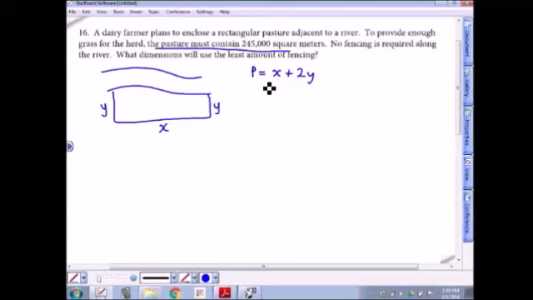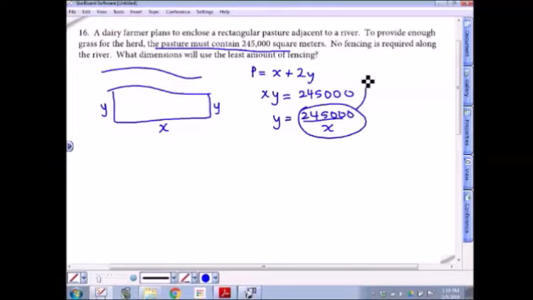Now it says the pasture must contain 245,000 square meters. So that's an area. So we have X times Y, that's the area of a rectangle, equals 245,000. If we get Y by itself, divide by X, you get 245,000 over X. So now we can take this and plug it in for Y and create a new perimeter formula.